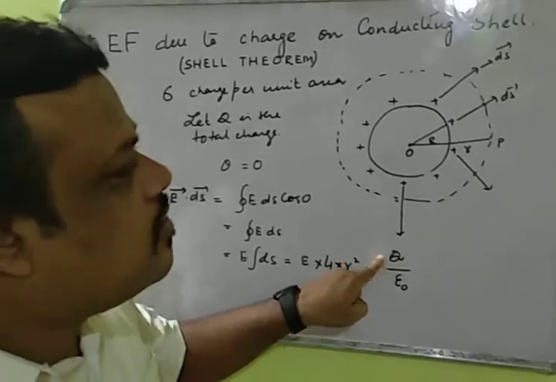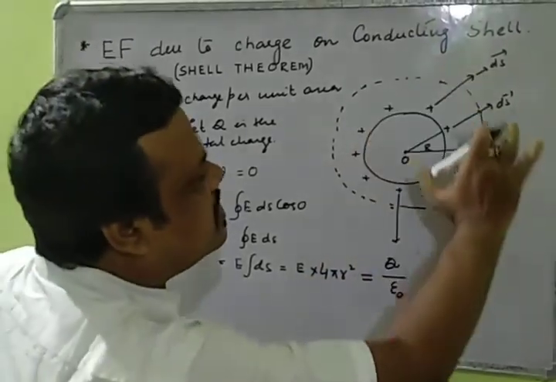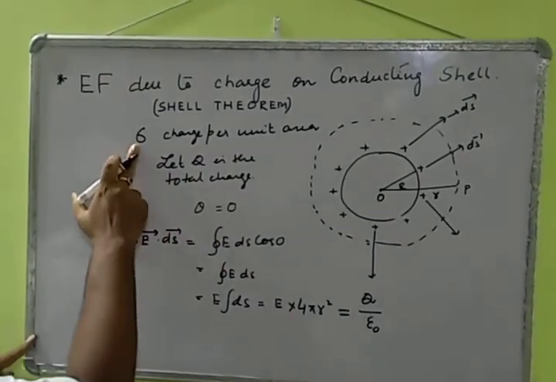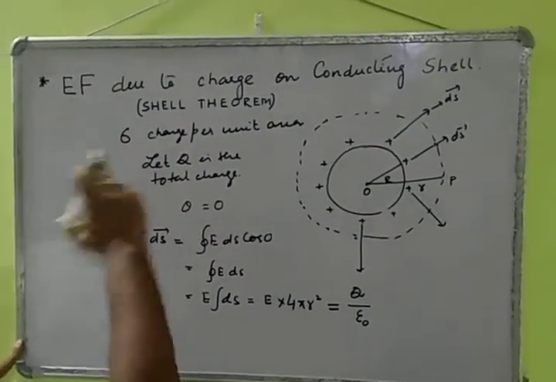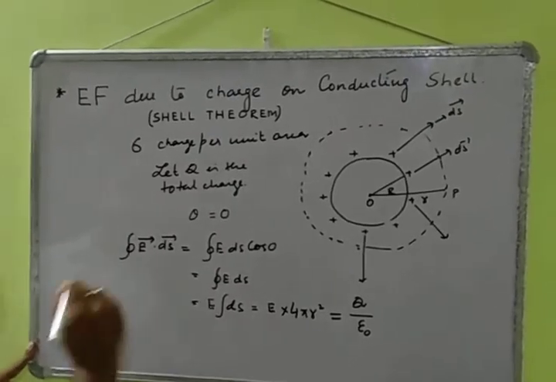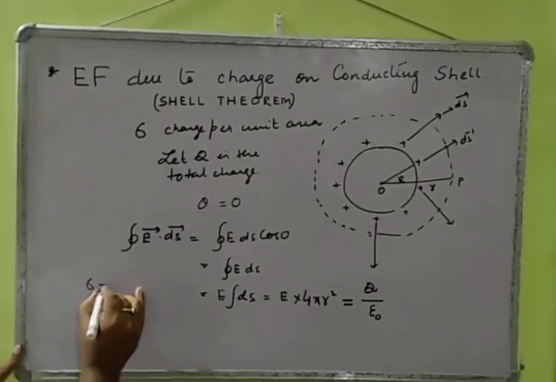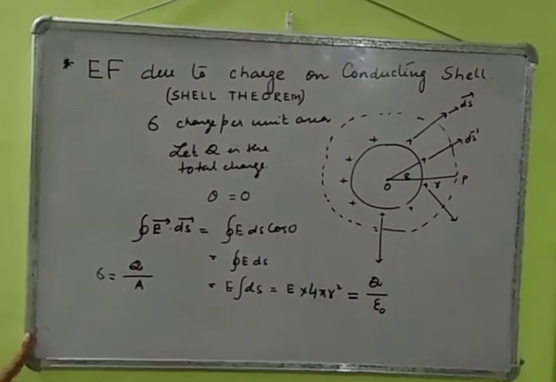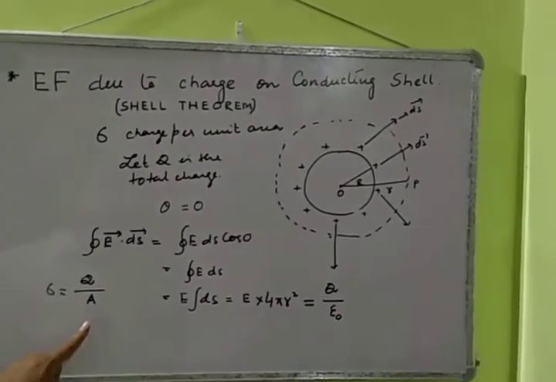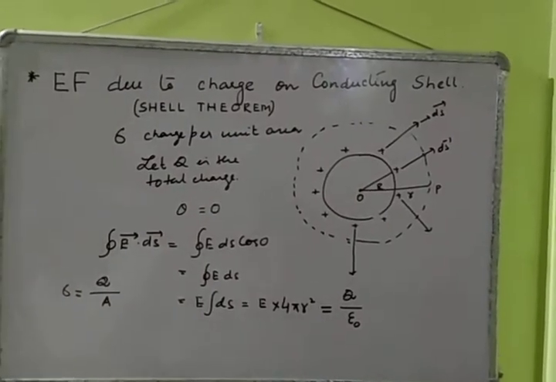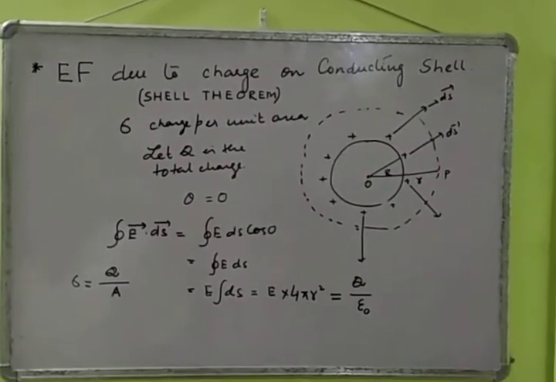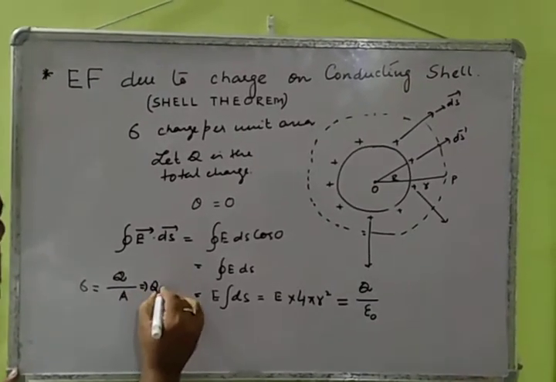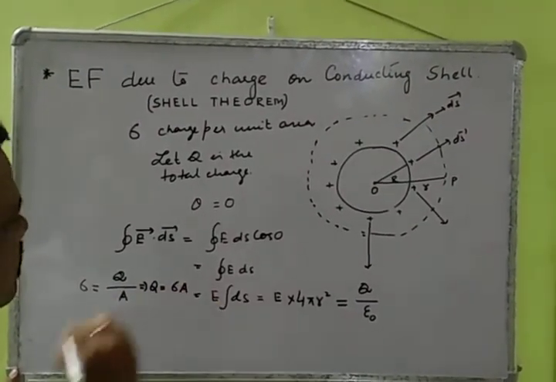Charge means the total charge enclosed by the Gaussian surface. What we have assumed, sigma is the charge per unit area. So sigma is equal to Q by area, or we can write Q is equal to sigma into area.